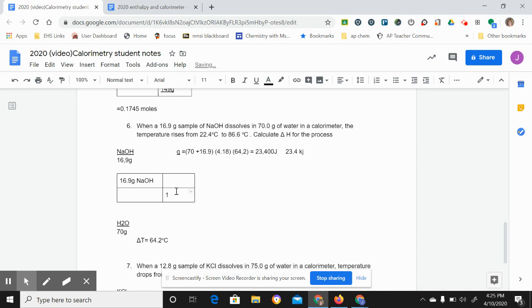So 1 mole, and we know that this is 40 grams.